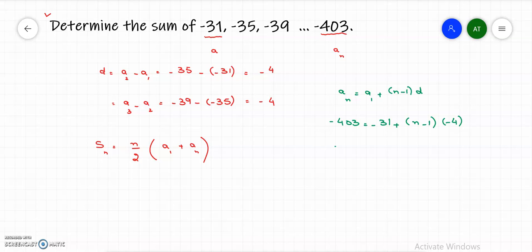Okay, so negative 403 equals negative 31 minus 4 times (n minus 1).